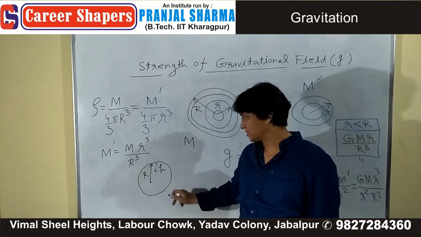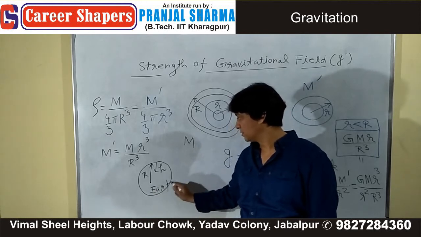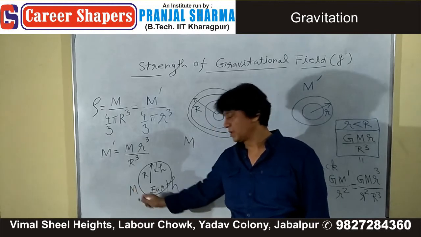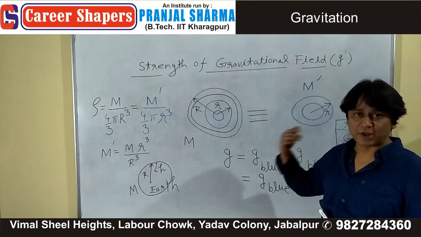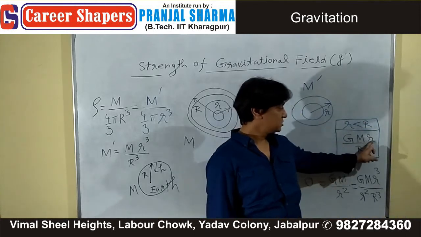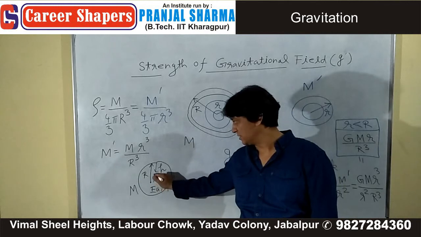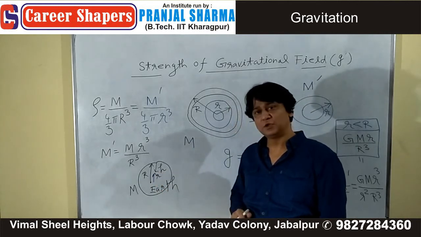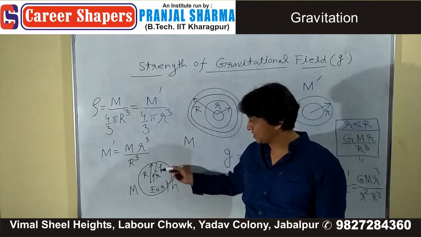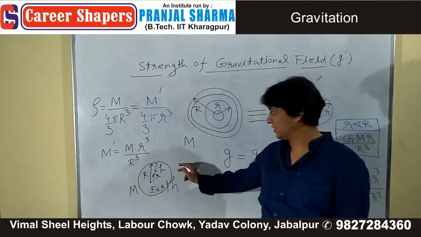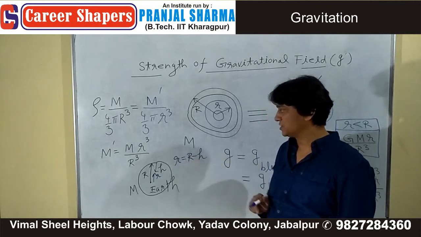H. This is Earth of mass M. Now what is Earth? Earth is a solid sphere. We have the gravitational field strength inside, but in terms of what? Small r. What is small r? Small r is the distance from the center. If center to the surface is R and depth is h, it's quite easy for you to see that small r in this case is nothing but R minus h.